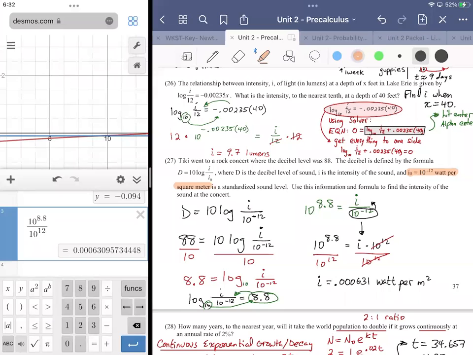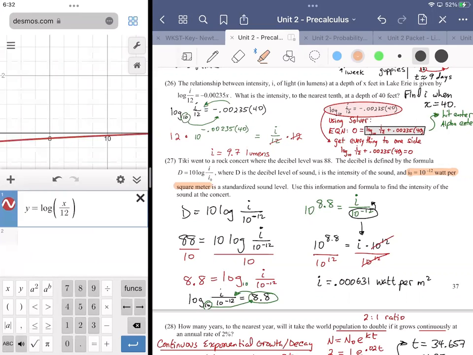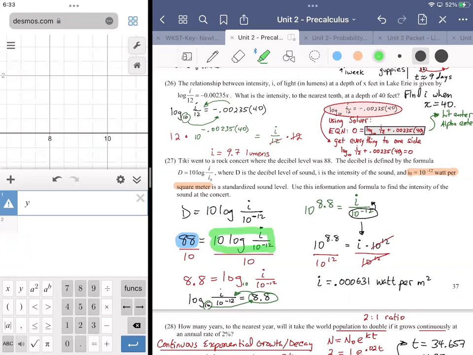Right. Now, if we wanted to do this, we'll do it two more ways. One way would be with Desmos. So y would be equal to 88. We just remember, when you're solving with Desmos, if you're solving an equation, you take the left side and the right side, and you put it in as two separate equations.